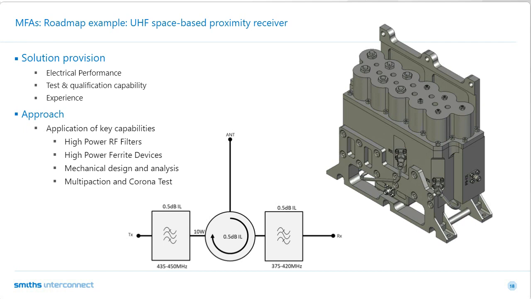It will have RF filters. The mechanical design is one to conserve a huge amount of space, and of course it's going to be in a space environment, so multipaction and corona testing is a huge item of that.